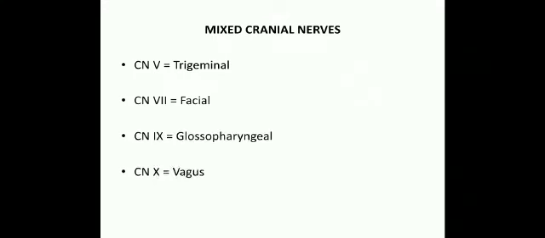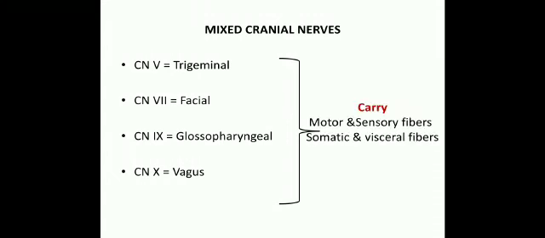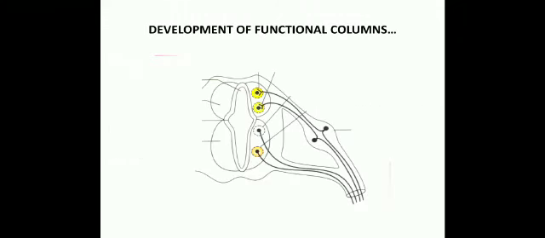The mixed cranial nerves include the cranial nerve 5, that is trigeminal, 7 the facial, 9th glossopharyngeal, 10th vagus. So they carry the motor and sensory fibers and also the somatic and visceral fibers.